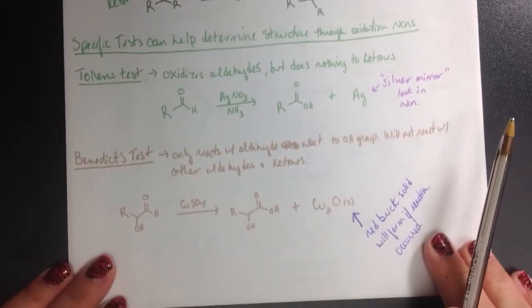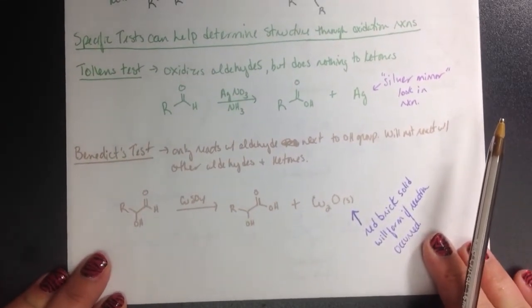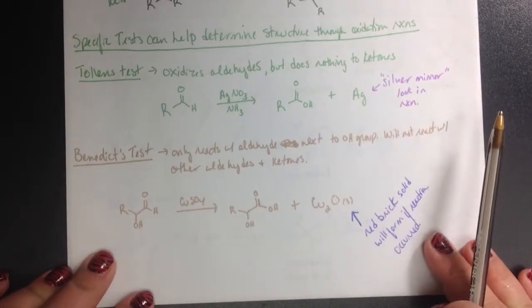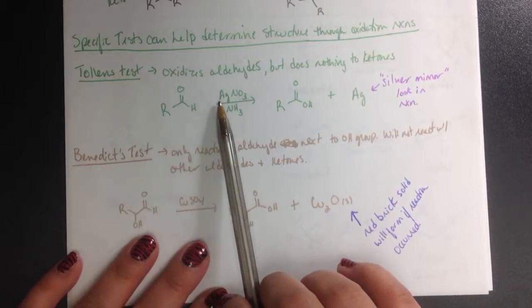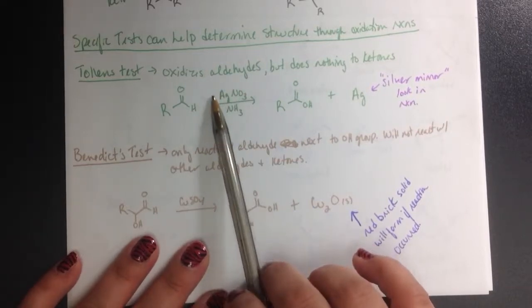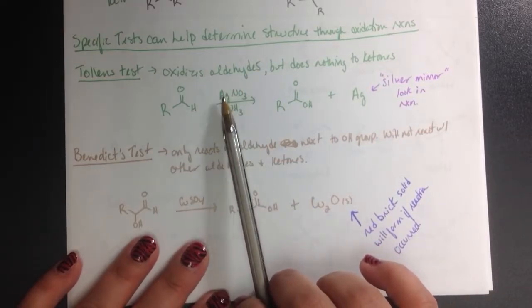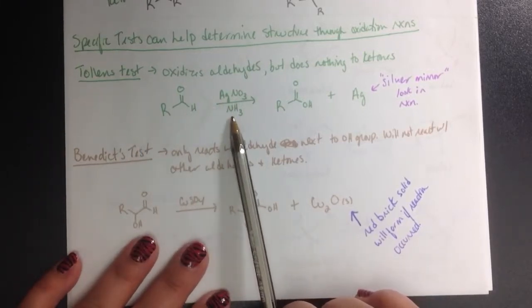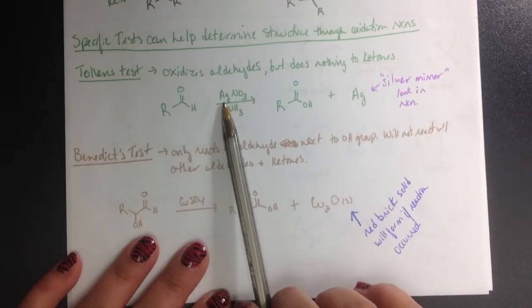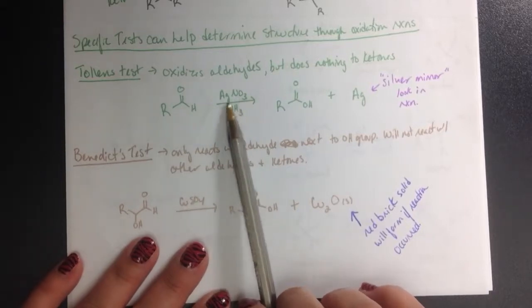Looking at a couple of specific reactions that you probably should know also. The first is known as Tollens' test. And what you're doing here is you're using silver nitrate. Now silver nitrate has a silver +1 in there. And you're also using ammonia. Silver nitrate is a salt.